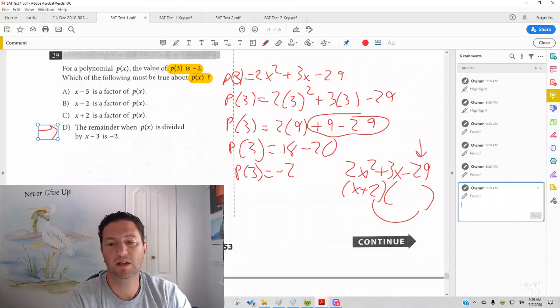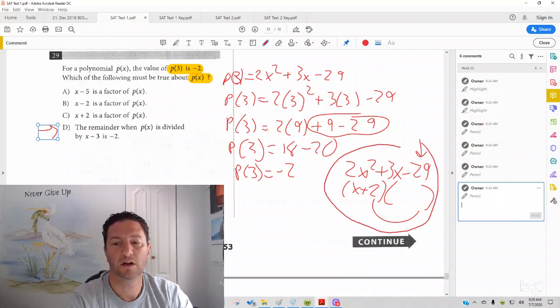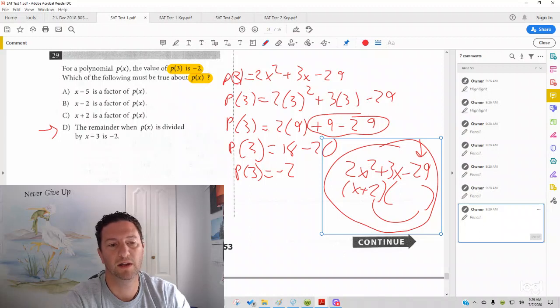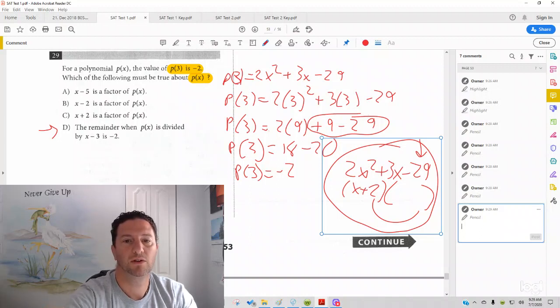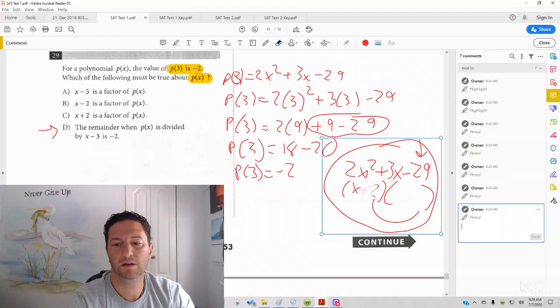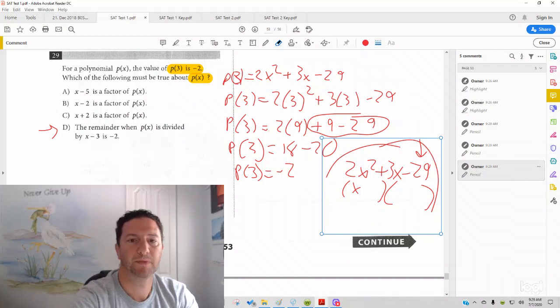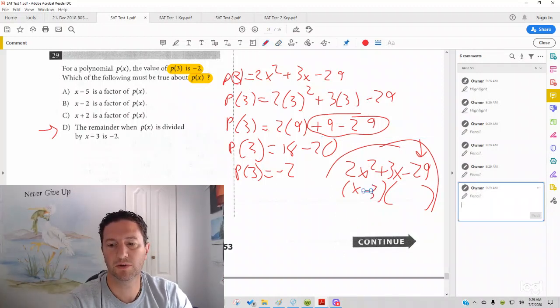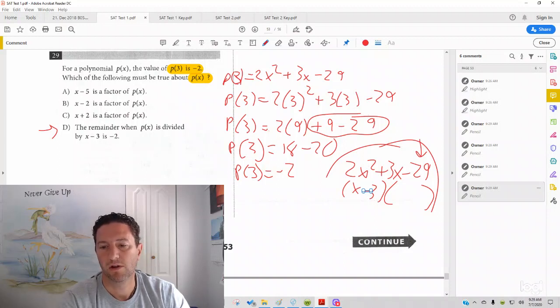Now, to see in this form whether x minus 3, when divided, leaves a remainder of negative 2 would be a little bit funny to do, but we'll do it and we'll see what happens. So if we put minus 3 in here, then we know that this has to be 2x, and the closest we could get to negative 29 here is plus 9.